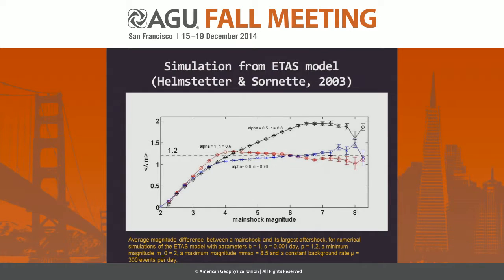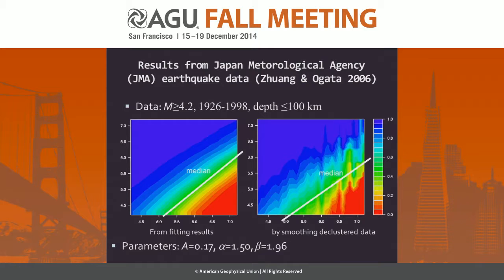Here is a simulation of the Båth law using the ETAS model done by Helmstetter and Sornette. And come back to the JMA catalog again. This white line is the median, and it can be represented by the formula as a linear combination of the two magnitudes.